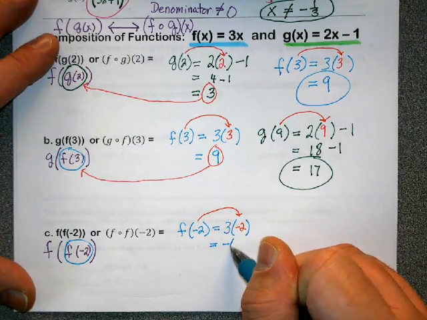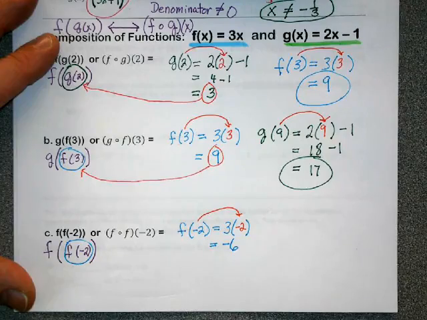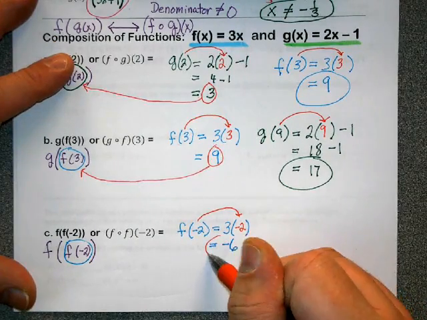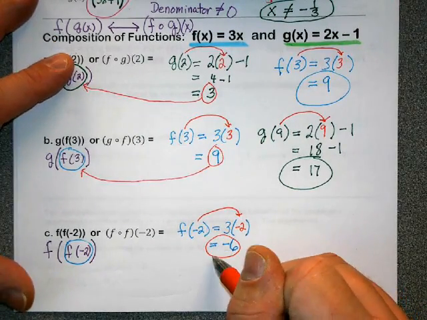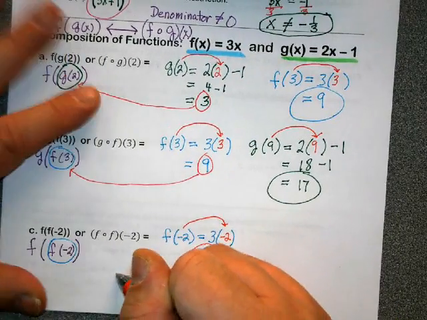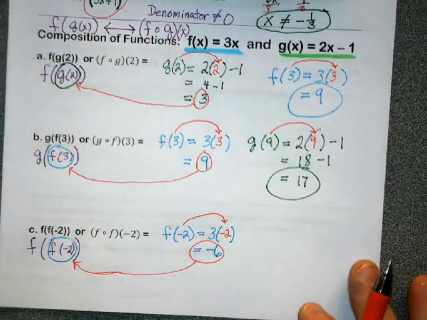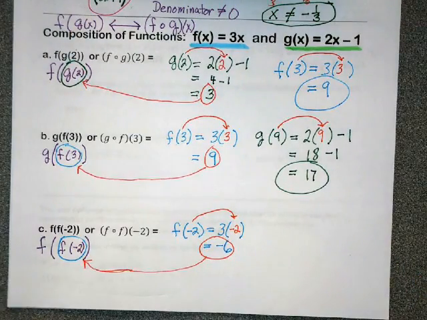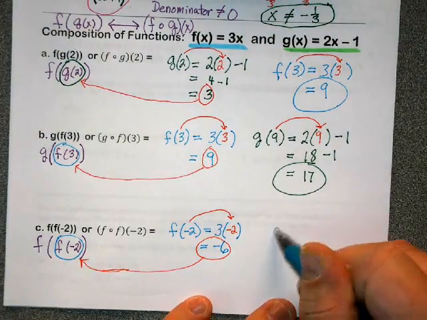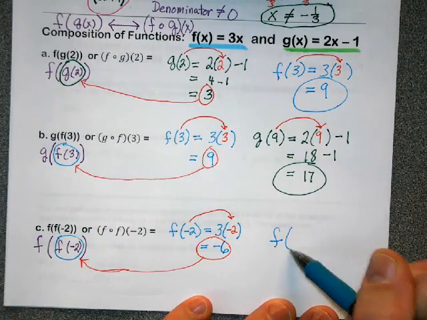So I'm going to substitute that back in for the f of negative 2. And then I have to do the f this time, substituting in negative 6 for that.